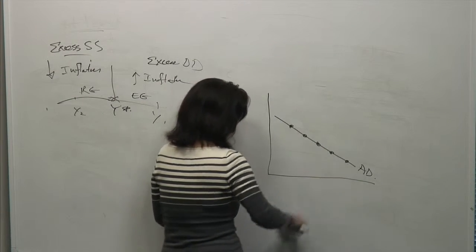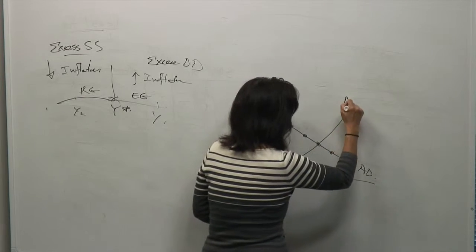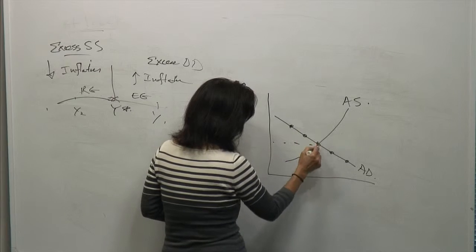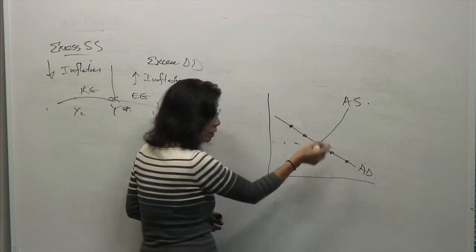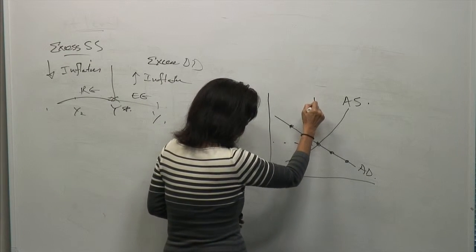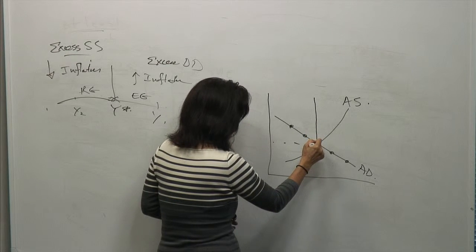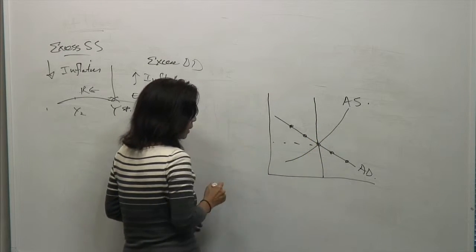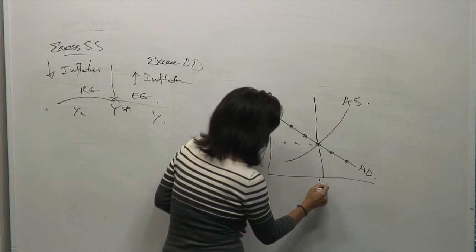Just so that you know. And then you have your aggregate supply curve, which is upward sloping. So you have a point here where demand and supply cross. Then you have this potential GDP here.